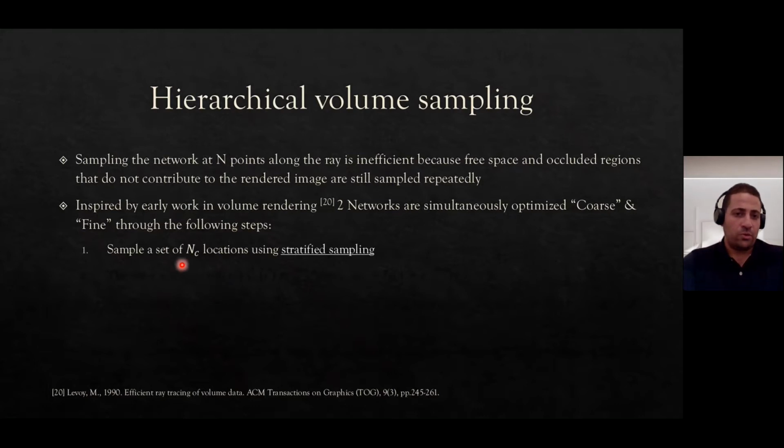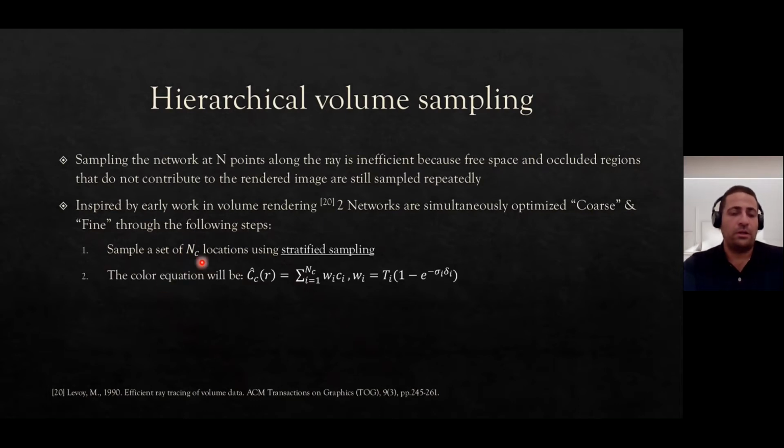So we have N coarse number of samples, with locations chosen using stratified sampling, the method we discussed a few slides back: instead of fixing certain sample points, we randomly choose a point in between each two points as an interval. This is stratified sampling. So we choose N_c locations.